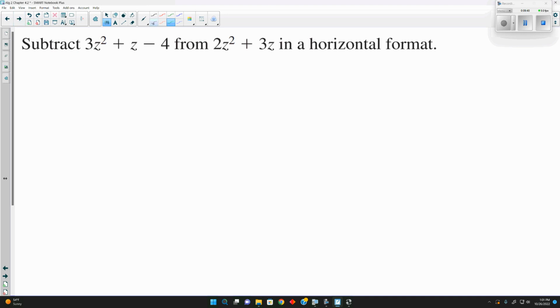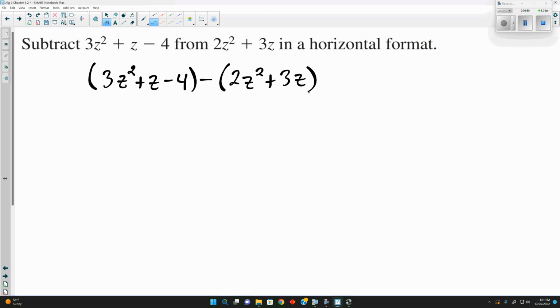Now we can also subtract this horizontally. But when we do this horizontally, we do need to make sure we apply that negative to everything in the second set of parentheses. Because whenever we have that subtraction sign in front of a set of parentheses, it's being applied to everything inside those parentheses.